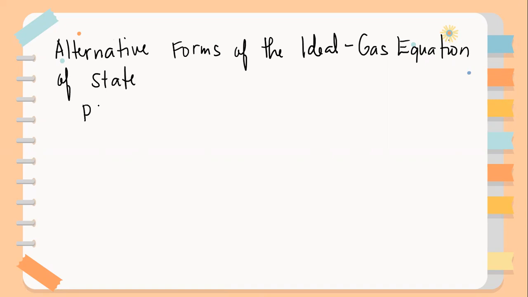We have PV is equal to MRT. Absolute pressure, volume, mass, specific gas constant, temperature.